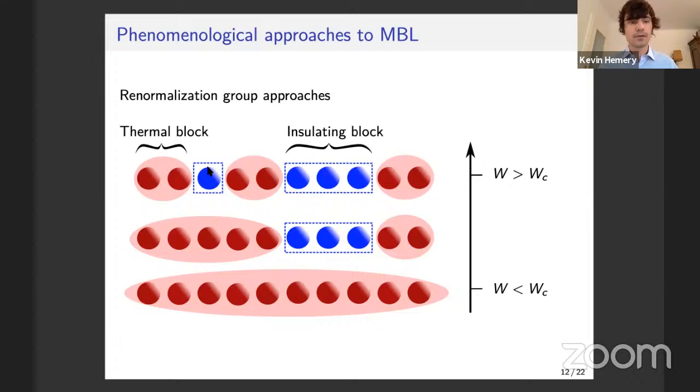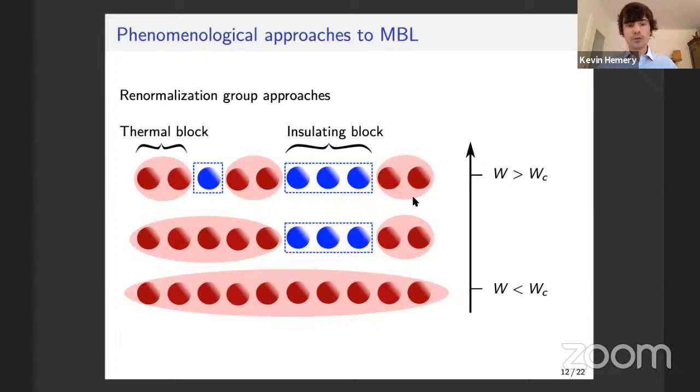This process of a thermal block invading an insulating block is referred to in the literature as quantum avalanche or avalanche instability. At the next RG step, this insulating block will be merged into these two thermal blocks, and then you have one bigger thermal block.